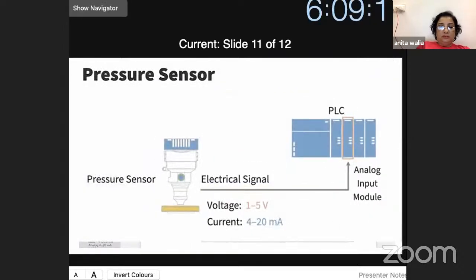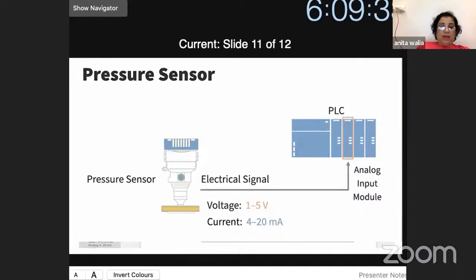Pressure sensors basically also work with certain voltage or electric current. The voltage is normally between 1 to 5 volts, and the current is usually between 4 to 20 milliamps.